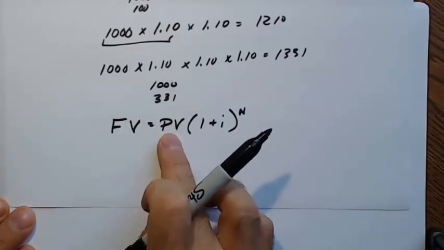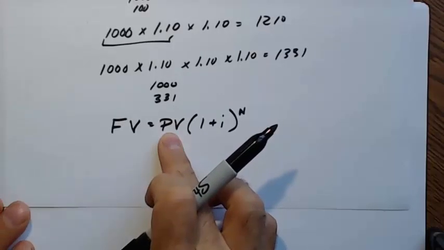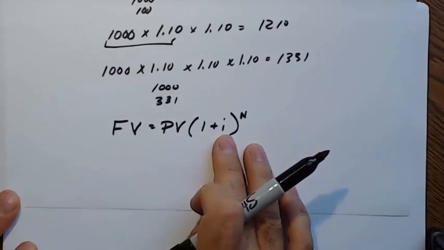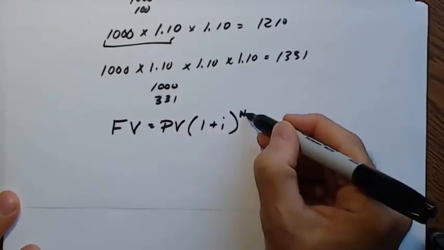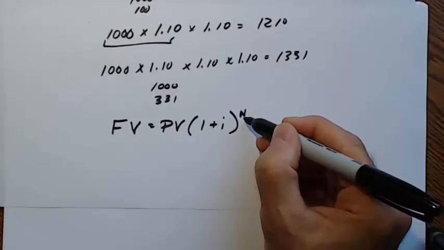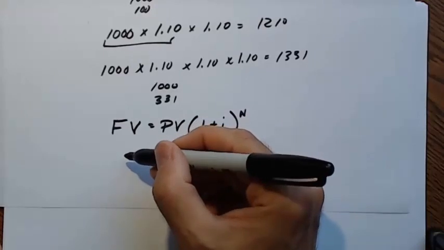Present value is the amount of money that you have today. What is it worth? I is the interest rate specified on an annual basis. N is the number of years, or compounding periods. In this case, it's years. And then what pops out of the equation is the future value.